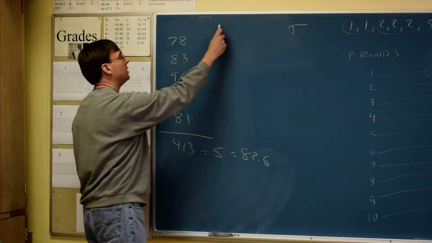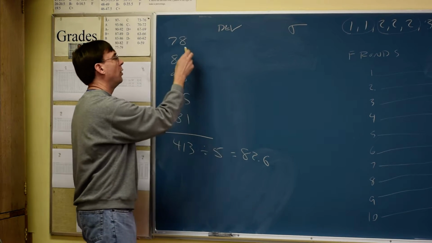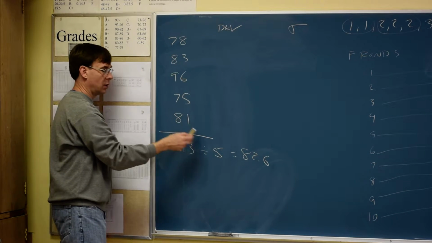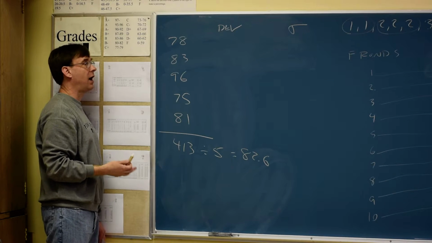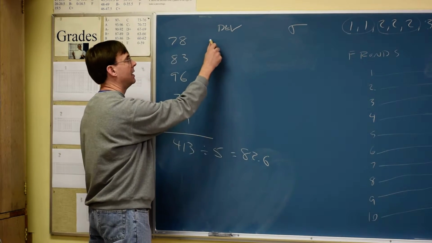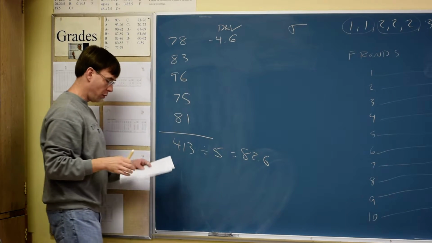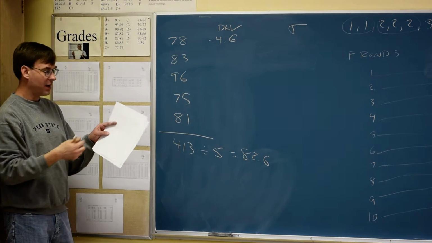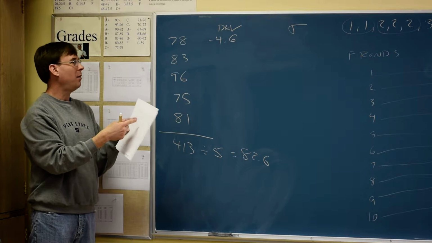To do deviations, we will now take each of these numbers and subtract the mean to figure out how far away we are. 76 subtract the mean comes back a negative 4.6. I didn't put a negative on my paper. I probably should have.